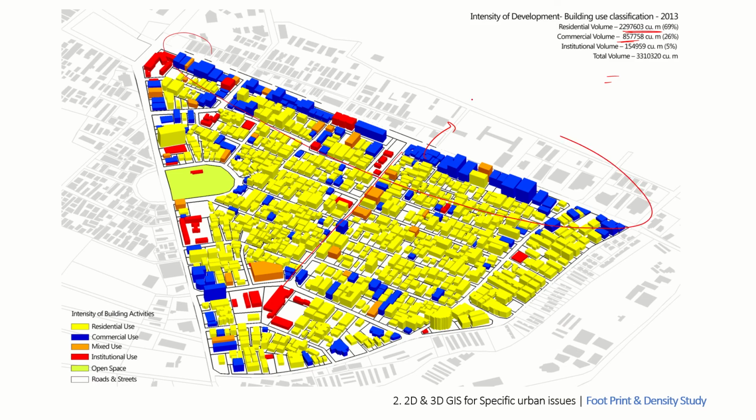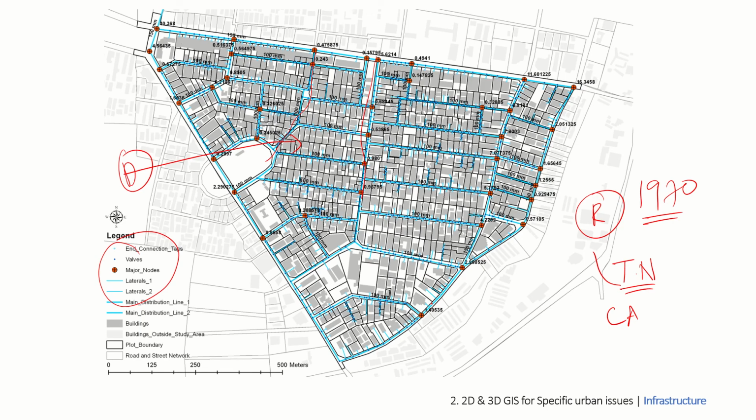A lot of commercial activities primarily on the main roads that connect the parcels, and in fact you can also see multi-use buildings coming up inside the residential areas as well. Also, this infrastructure was built by the British. As of date, as I speak, it has not been improved.